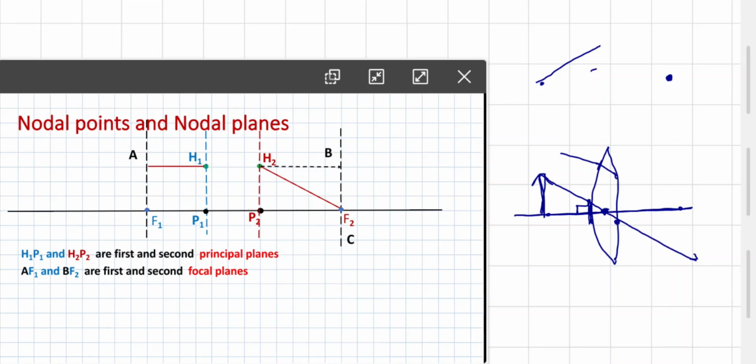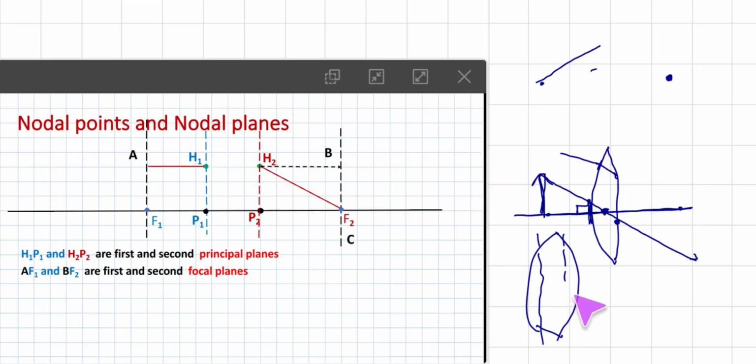So here the refraction of the ray is in this way. Remember that we are not talking of the surface of the lens, so these points are not on the surface. These are imaginary planes which we have studied by calculation.